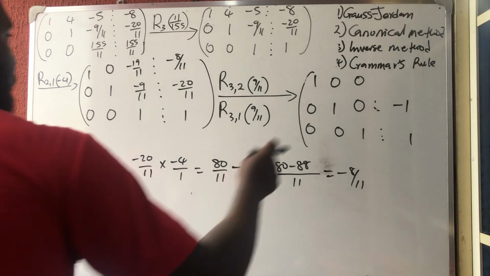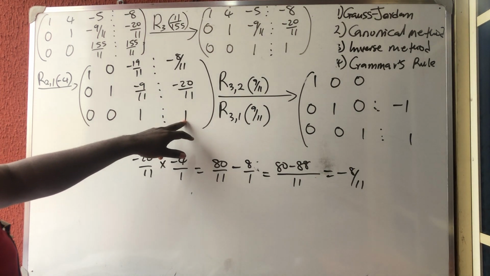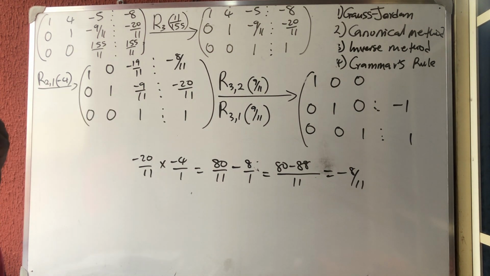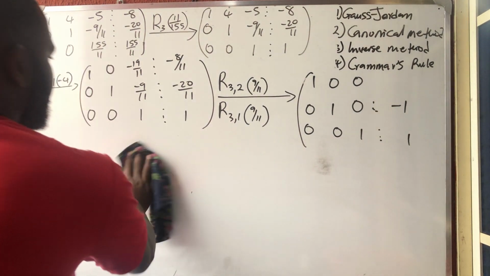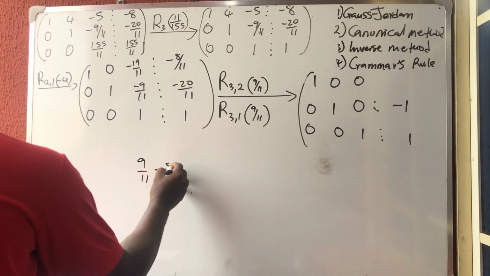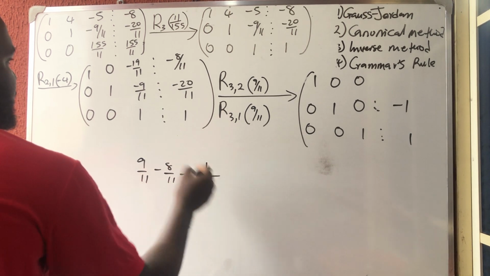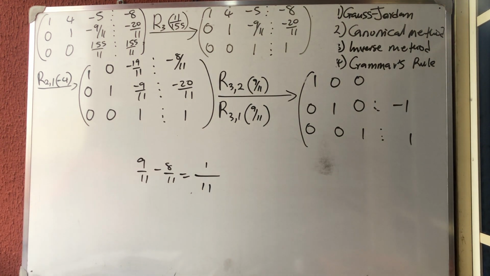Because I'm supposed to get 1 here. So if I multiply this by 9 over 11, that is 9 over 11 minus 8 over 11, which is giving me 1 over 11. So how am I not getting 1?